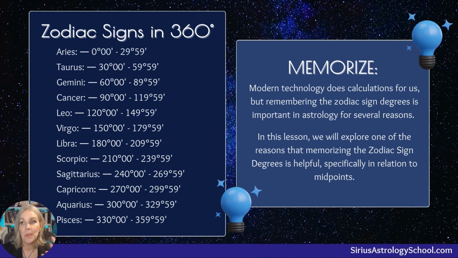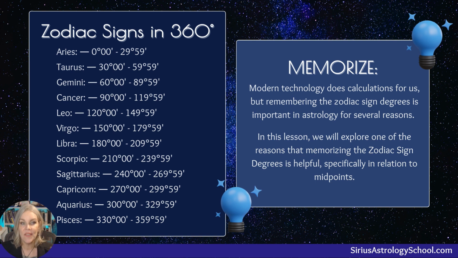So if we're going to think about a planet that's at 15 degrees Libra, we're going to say 180 degrees, the beginning of Libra, plus 15, so that would be 195 degrees. That would be where that planet is on the circle of the zodiac wheel. So the 360-degree circle. Like I said, it's important to memorize this, and we're going to explore why we would want to memorize this, specifically for the idea of midpoints.